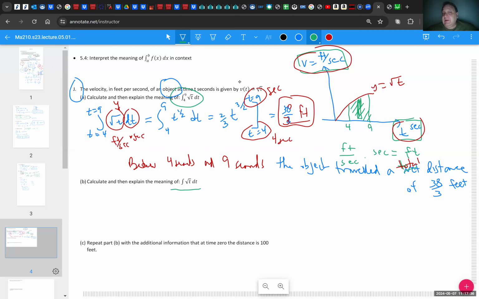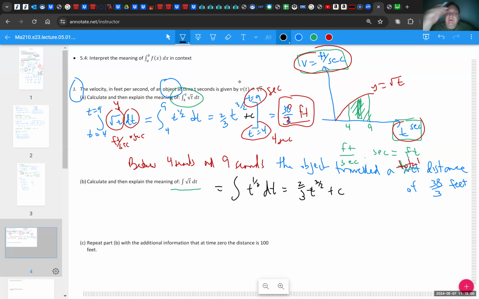It is an antiderivative. It's the same calculation we did before. It's the integral of t to the 1/2 dt, which is equal to 2/3 t to the 3/2 plus c. I guess I should have added my plus c up here.